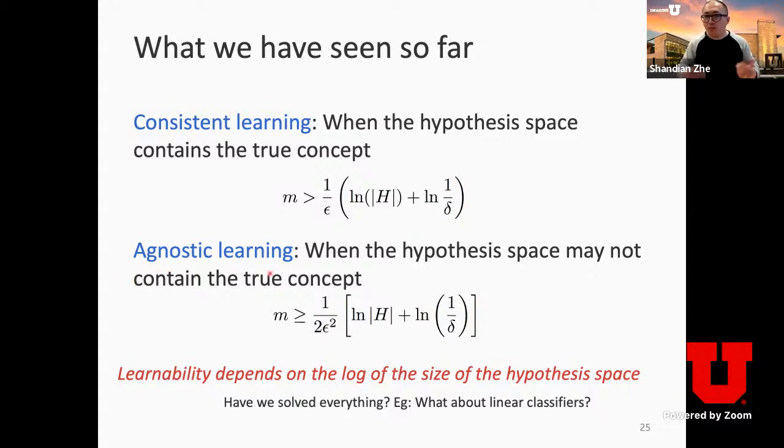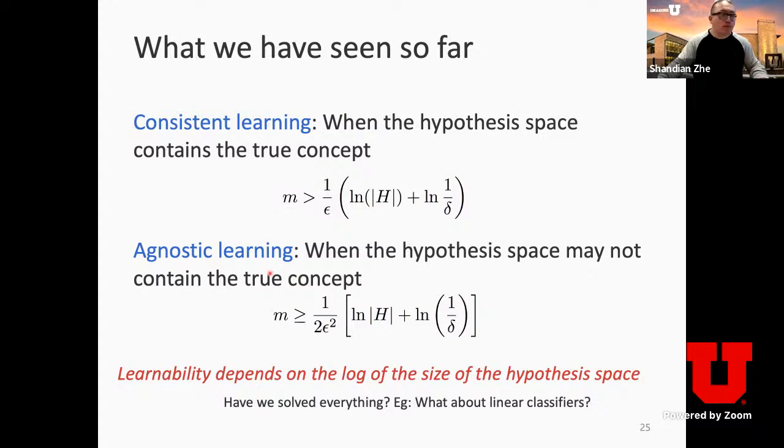Agnostic learning admits that it is possible that your target function or concept can stay outside of your hypothesis space. Suppose your hypothesis space is all kinds of polynomials, but your target function includes some exponential terms or sine or cosine terms.